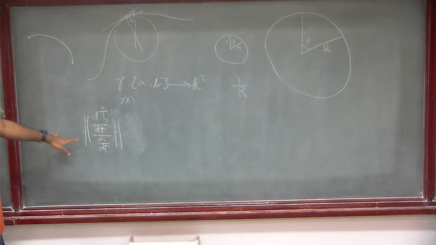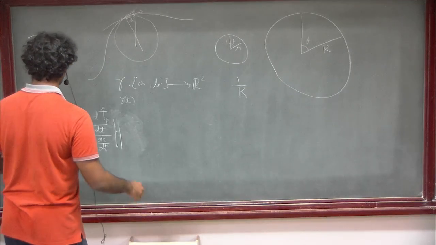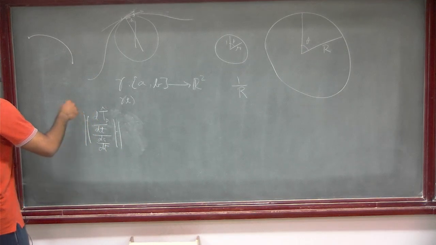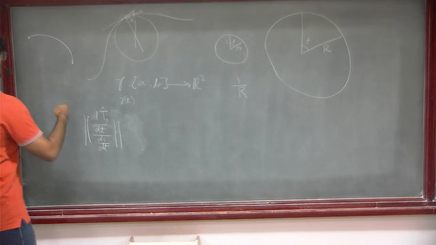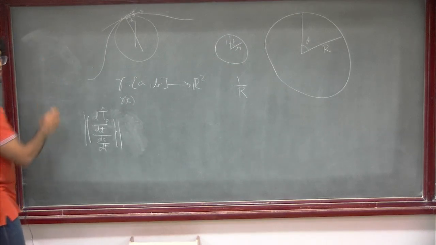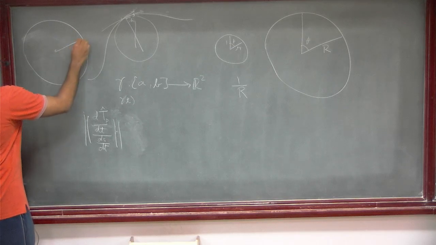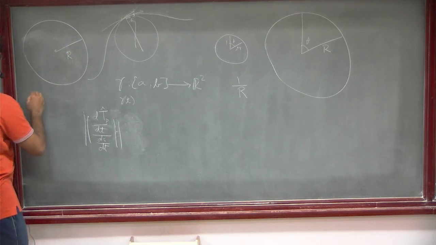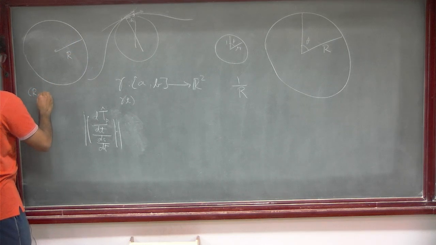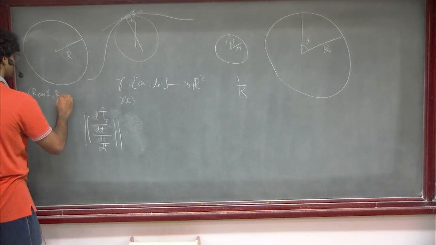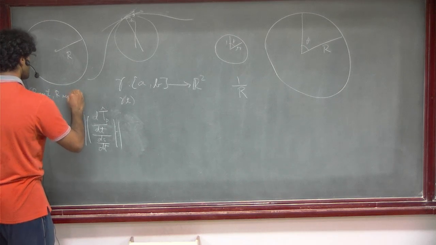Now, why am I claiming this? So we can just do this explicitly for a circle. The calculation takes 2 seconds. So you have a circle of radius R, and you parameterize it with r cosine t, r sine t, with t ranging from 0 to 2 pi.